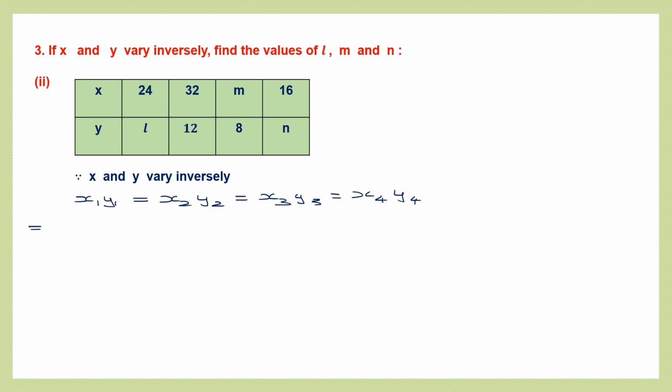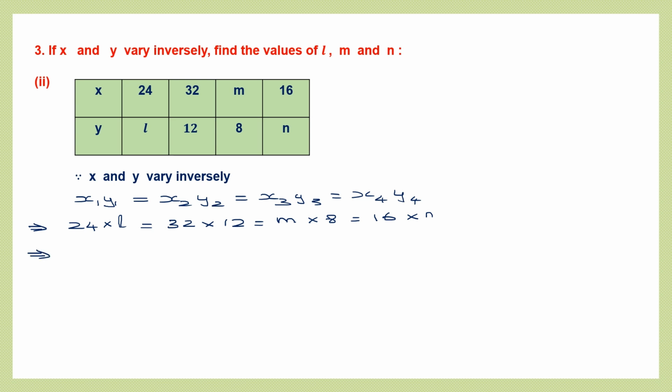So now let's substitute here. So x1 is 24 and y1 is L. x1 into L is equal to x2 into y2, which is 12, is equal to x3 into y3, which is 8, is equal to x4 into y4, which is N. So now let's simplify this.